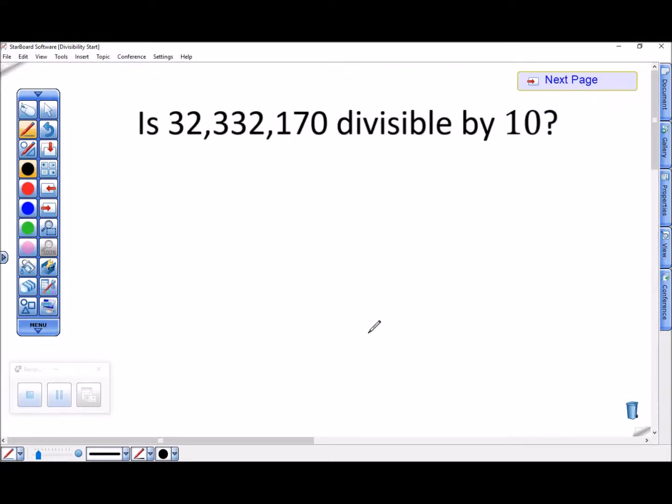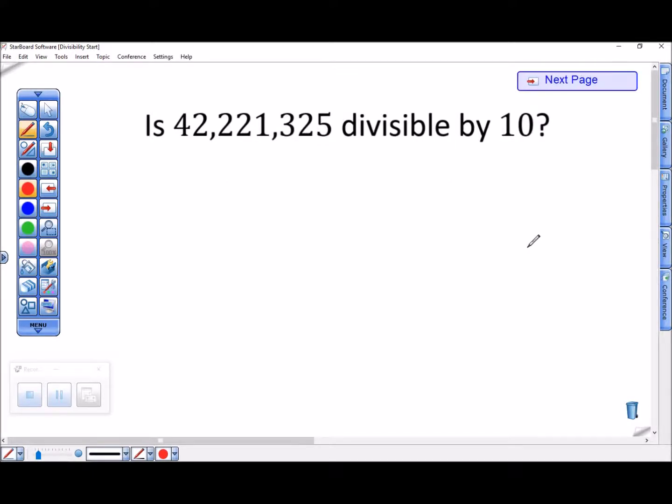So here I have 32,332,170. It's divisible by 10 because it's even. It also ends in a 0, passing the test for 5. So again, 10 divides 32,332,170 because it passes both the tests for 2 and 5.